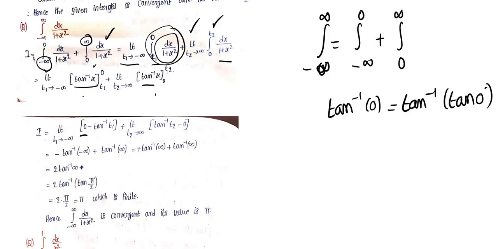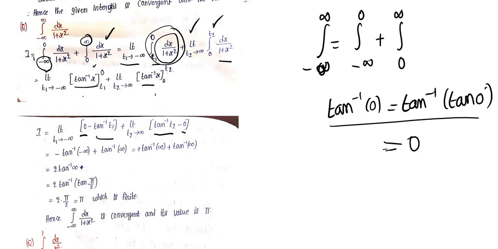That's why I've written 0. Lower limit substitution tan inverse of t1. Here upper limit substitution tan inverse t2. Lower limit substitution means same thing only. This is 0. Now I am going to apply limit t1 tends to minus infinity.